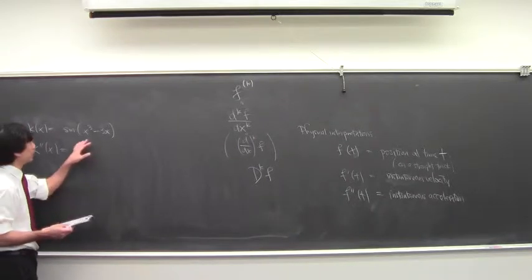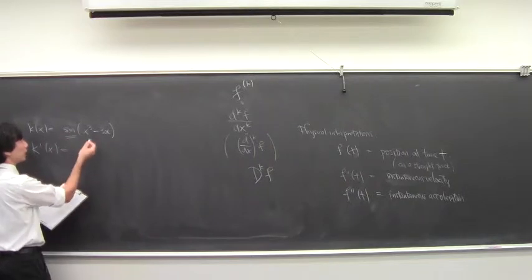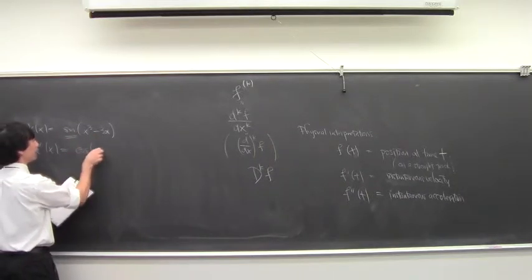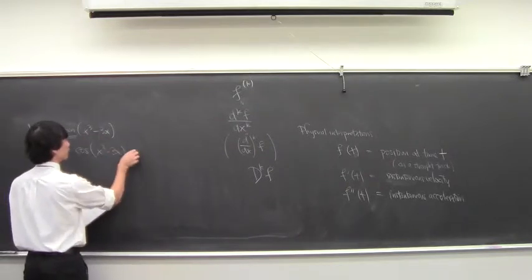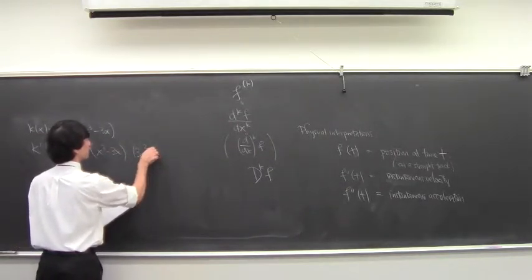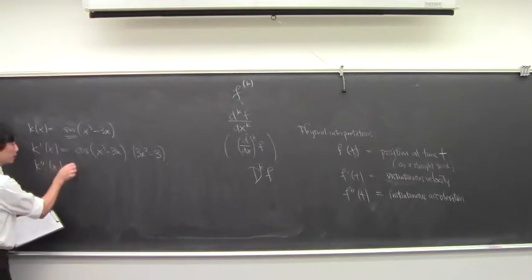Great, perfect. So you're using the chain rule. Yeah, chain rule. So you say, well, I'm going to differentiate the outside guy, evaluate it at the inside guy, and then multiply that by the derivative of the inside guy. Great. And then take the second derivative.